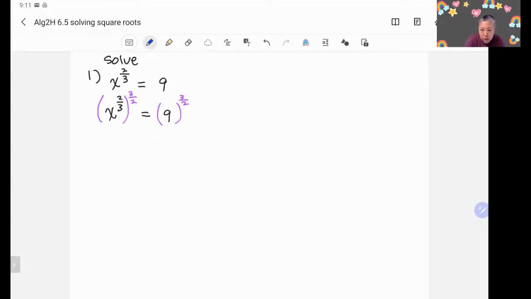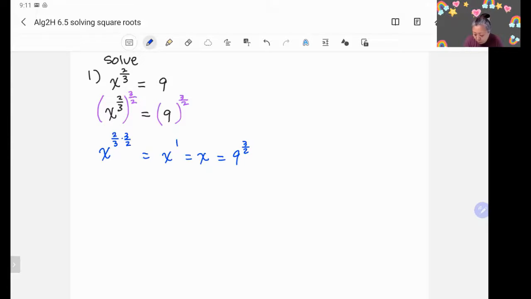Then the next step, we already saw the power rule of exponents, so the left-hand side will be x raised to, we multiply these, and this is x to the power of 1, which is just x. And this is the same as 9 raised to the power of 3/2.